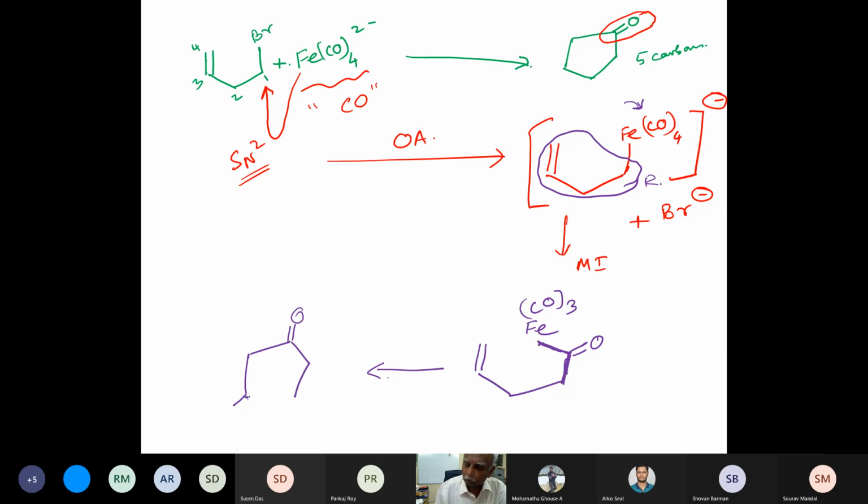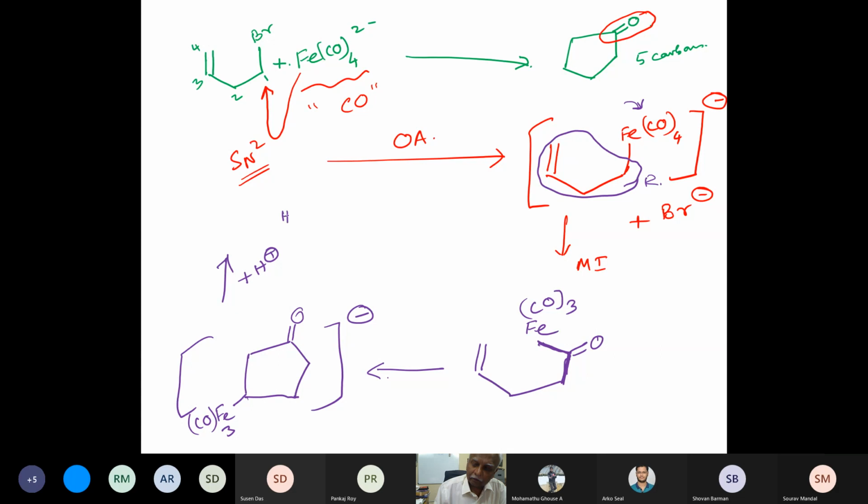Okay, so I have FeCO3. Now, at no point in this, this is again a negatively charged species. Now, if I quench this with H plus, I would end up with HFeCO3.